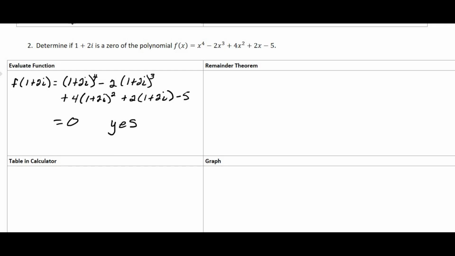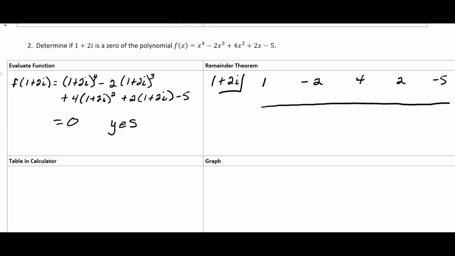Now another way to do this problem is to use the remainder theorem. That means I'm going to be using synthetic division. When I write down that first row of numbers, I want to spread them out as far as I can. Bring down that first number, get 1 plus 2i here. So add, I get -1 plus 2i.